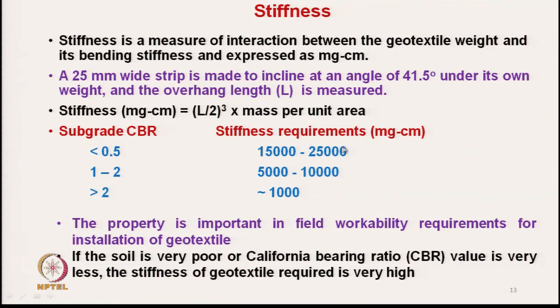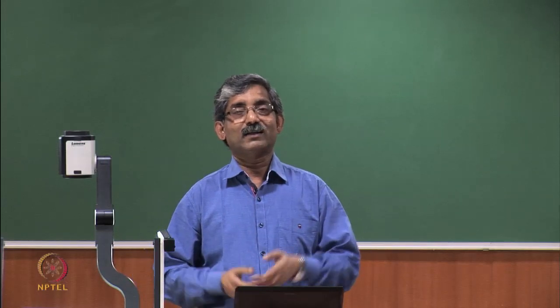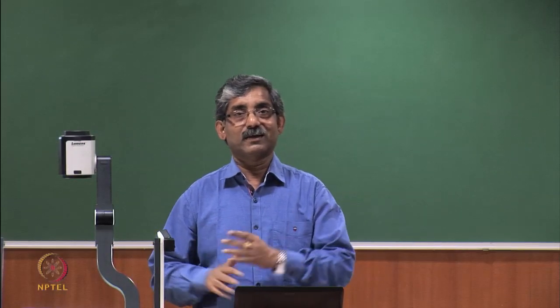So, higher stiffness of the material is needed. If the CBR is 0.5 or less, we require 15,000 to 25,000; for a CBR value of 1 to 2 of soil subgrade it is 5,000 to 10,000; and more than 2 it is typically around 1000 stiffness. So, for soft soil we need stiffer geotextile so that the structural integrity is maintained.